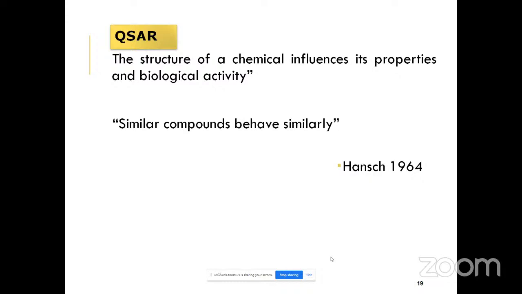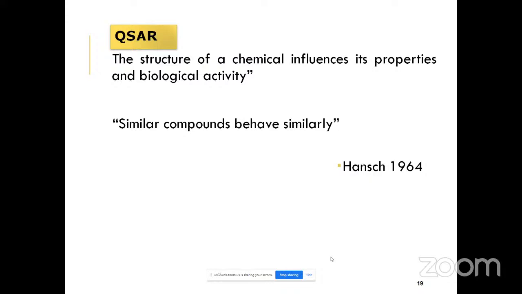In the start of our session, we discussed how the properties can be correlated with the interactive behavior, and interactive behavior can be correlated with the biological activity. Hansch thought in a similar way: the structure of a chemical often influences the physicochemical properties, and these physicochemical properties often influence the biological activity.